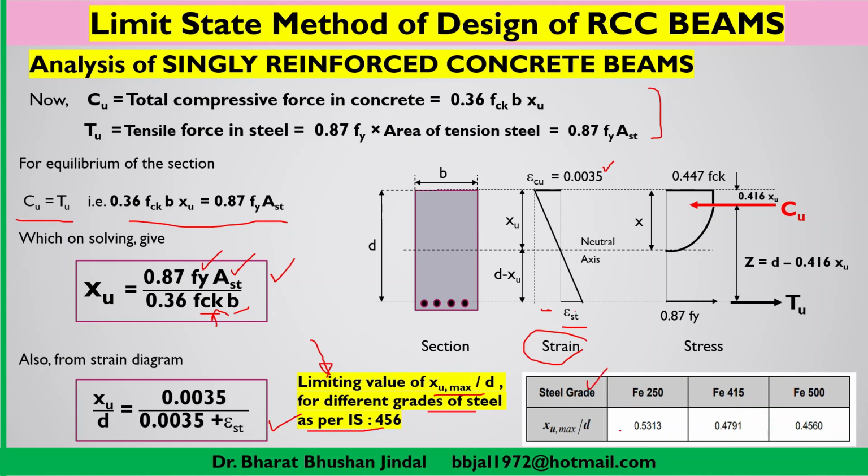If the grade of steel is Fe 250, that is mild steel, then the limiting value of xu max by d should be 0.5313. And as you go for a higher grade of steel, the xu max by d value decreases.